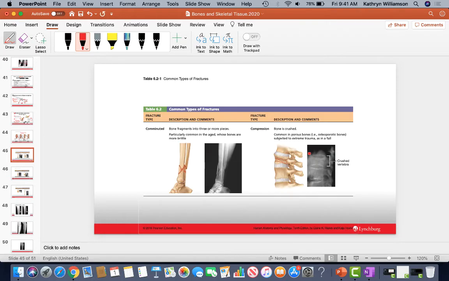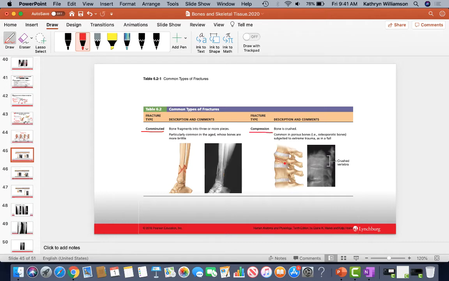So some types of fractures that we see in bone: comminuted fracture, and you can certainly read through these. These are fractures that break bone in lots of different pieces, so it's going to be like 3 or more pieces that it's broken into.